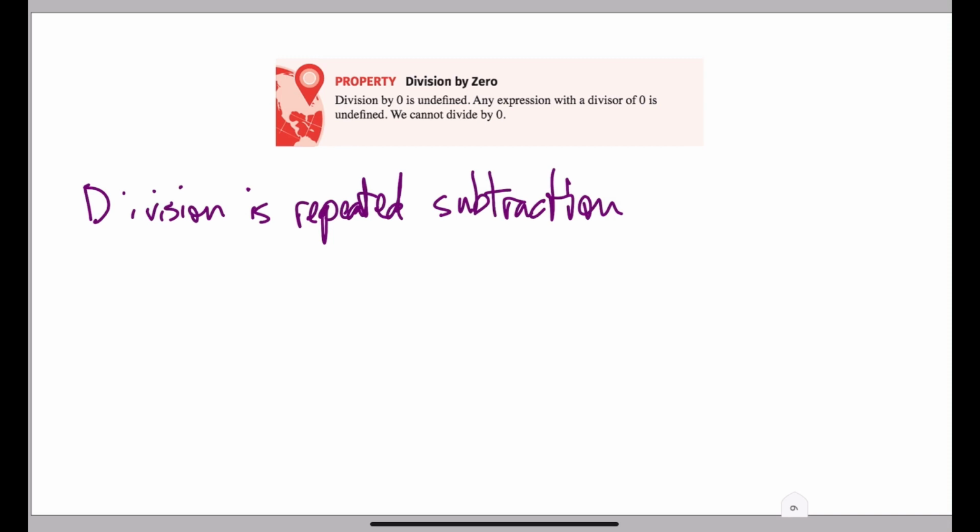And this is important because it's going to help us understand, so we don't have to always remember all these rules. So let's do something like 8 divided by 2. Now you already know what it is, right? 8 divided by 2 is 4.